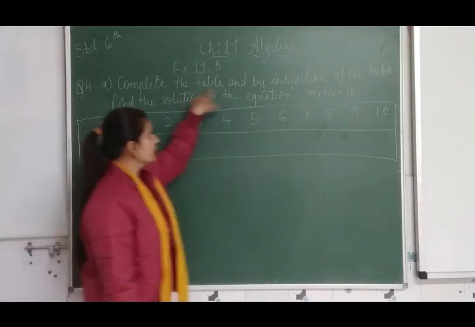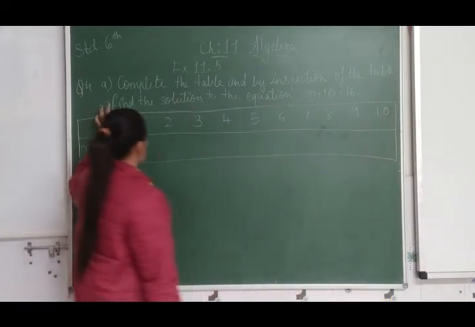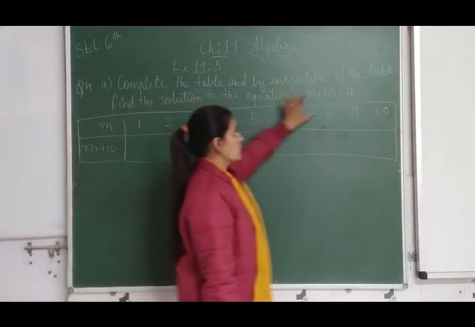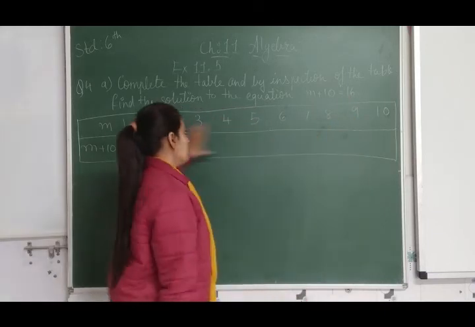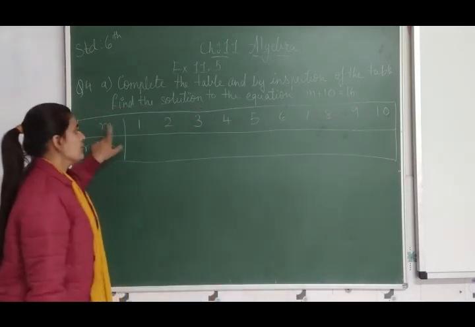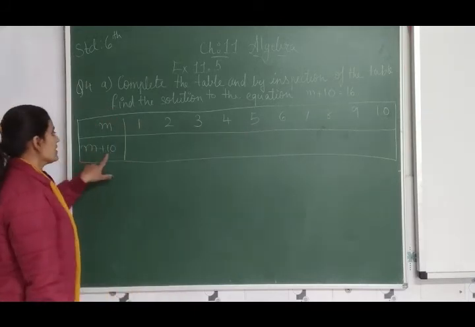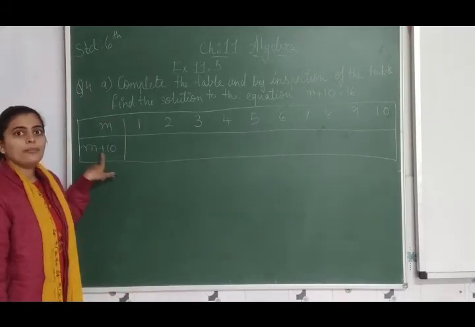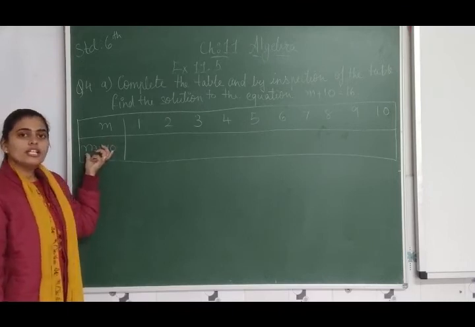A. Complete the table and by inspection of the table find the solution of the equation m plus 10 is equal to 16. Here a table is given, different values of m are given, and m plus 10. This is what? M plus 10 is also not an equation, but it is an expression.